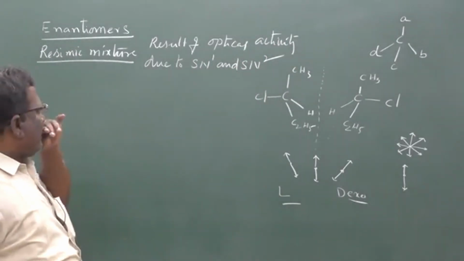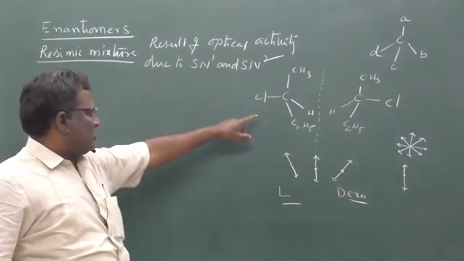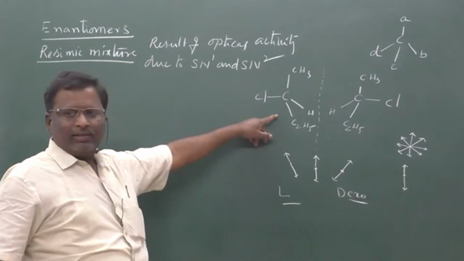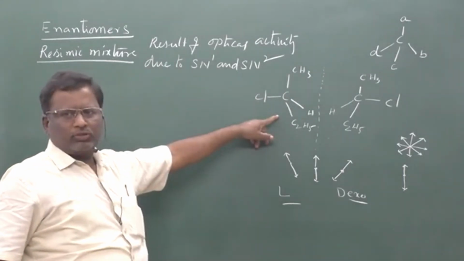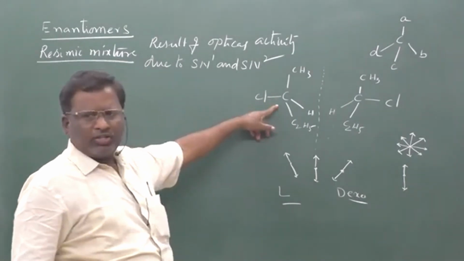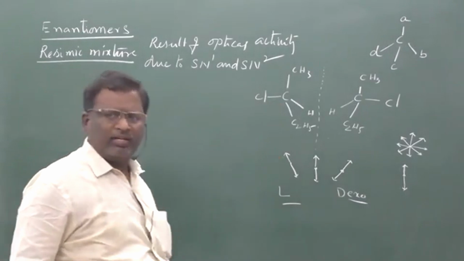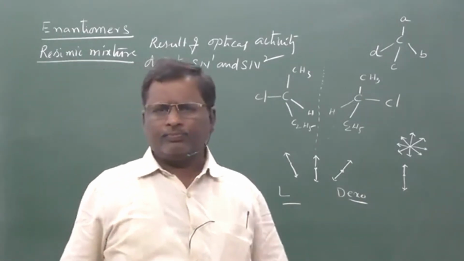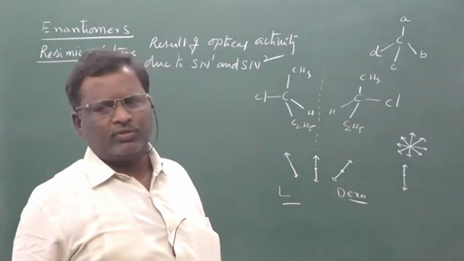So we know that this is an alkyl halide. It will undergo nucleophilic substitution reaction. Here it is a secondary carbon, so there is possibility for SN1 mechanism and SN2 mechanism. There are chances for both the mechanisms.